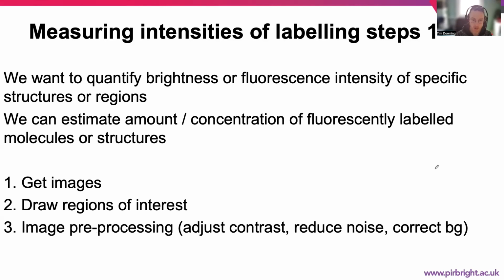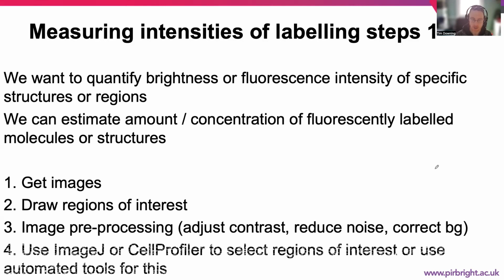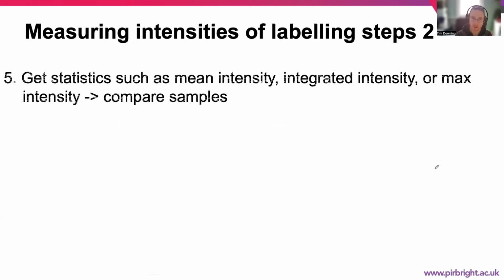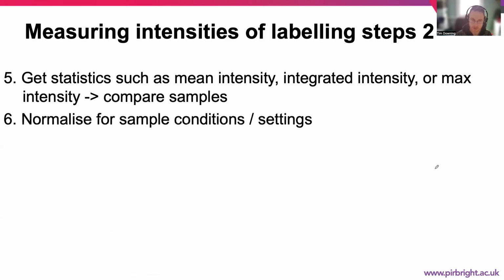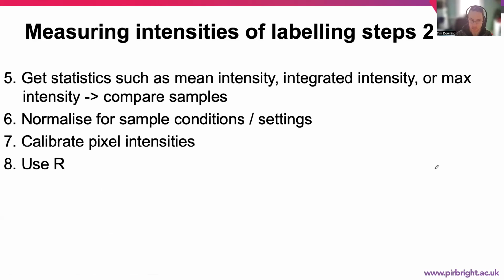We'll use R. Alternatives to that are using ImageJ or CellProfiler to select regions of interest. And then we can infer stats from that to compare between different samples. And then we might consider how sample conditions may have affected that, calibrate these intensities, and interpret them.